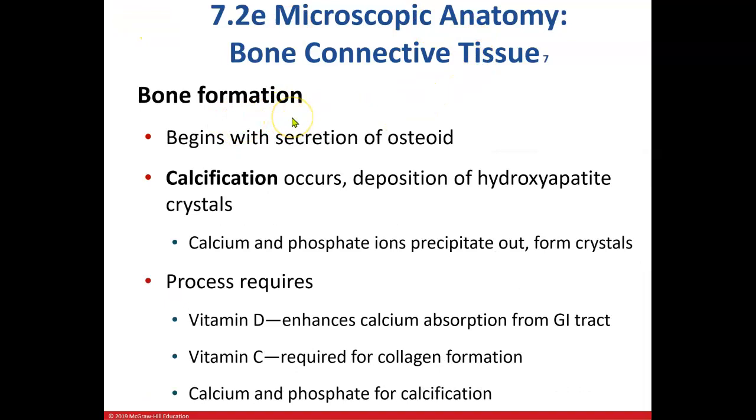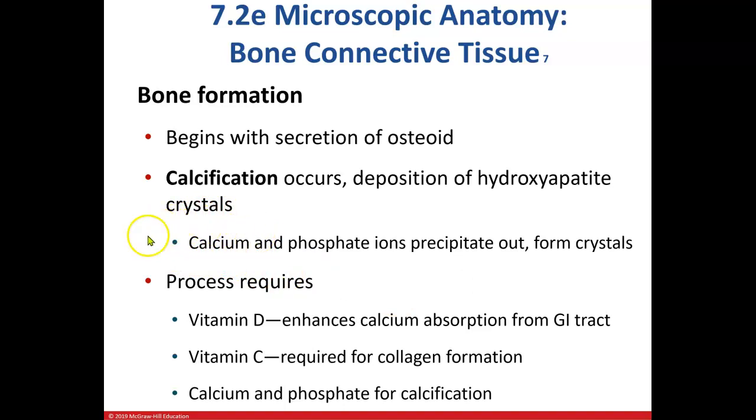Bone formation is going to start with osteoblasts secreting osteoid, and then calcification occurs, and we have these hydroxyapatite crystals forming and depositing inside the osteoid. So the calcium and the phosphate ions are going to come out, and they're going to form crystals, and we're going to see how that calcium can be released here in just a moment when we need it.